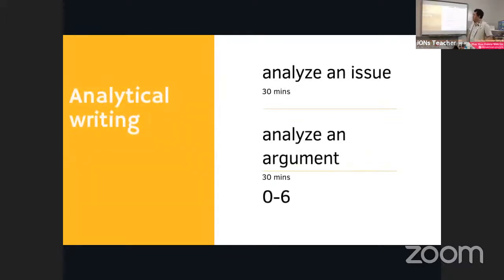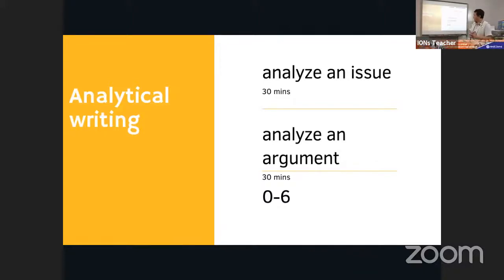Here is the analytical writing for the GRE. We have analyze an issue and analyze an argument. As you can see, we have more challenging analytical writing on GRE, because here we have two questions, and each question consists of 15 minutes. Analyze an issue is like giving your educated opinion on an issue.